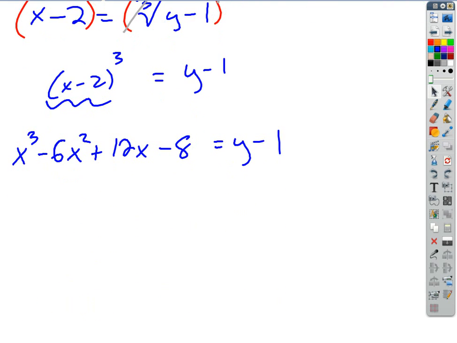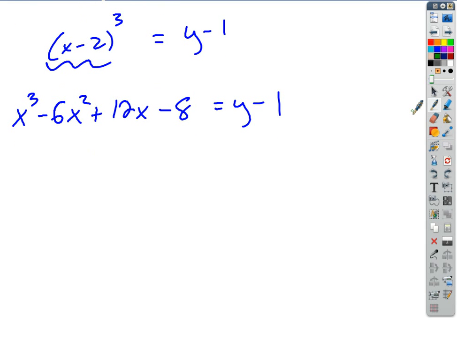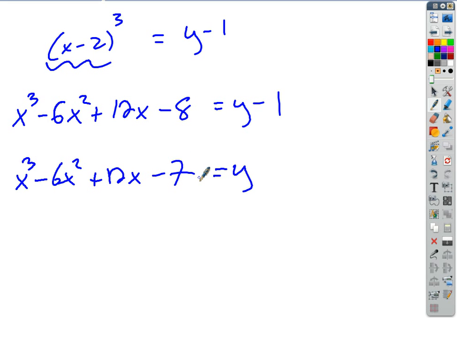Either way I do it, though, just add 1 to both sides now, and I got it. Y equals x cubed minus 6x squared plus 12x. Add 1, I just get minus 7. Okay.